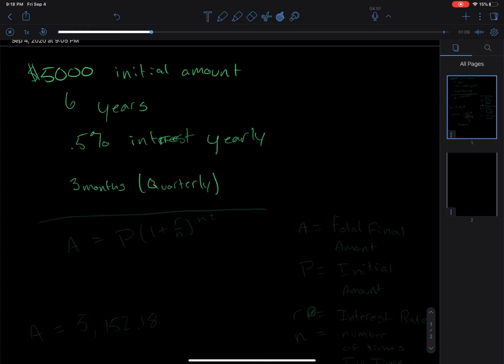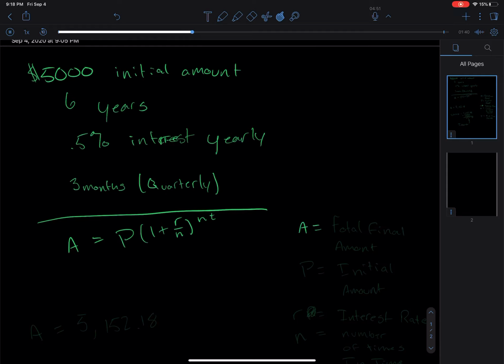So now we can just plug that all into our formula, which is A is equal to P times (1 plus r divided by n) to the power of n times t. So with that being said, I will break that down.